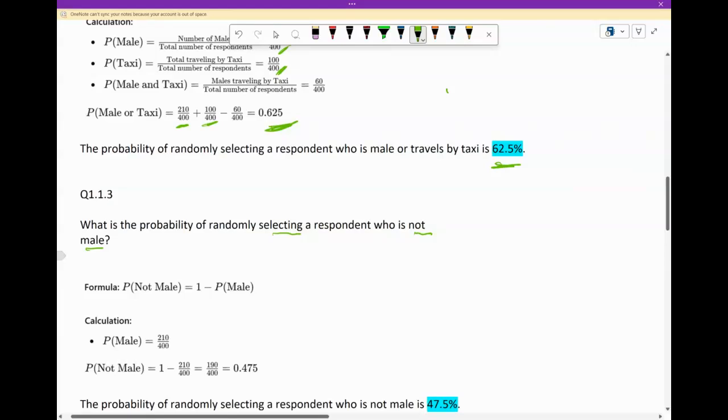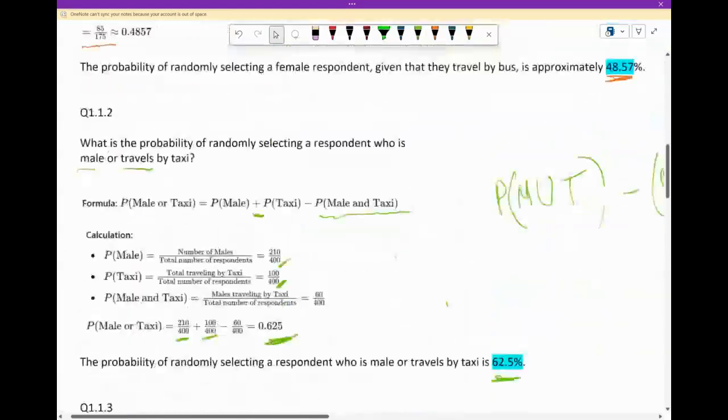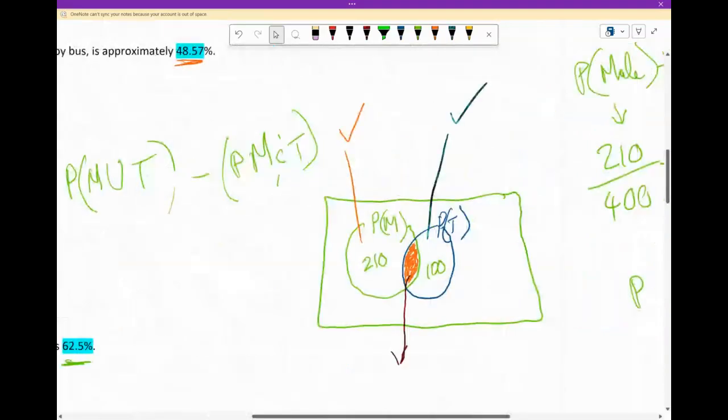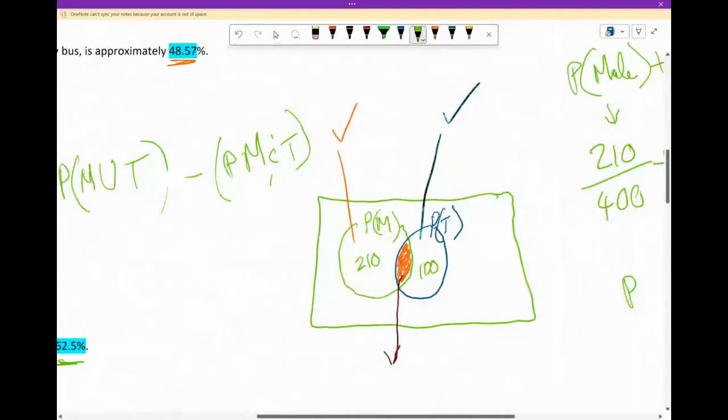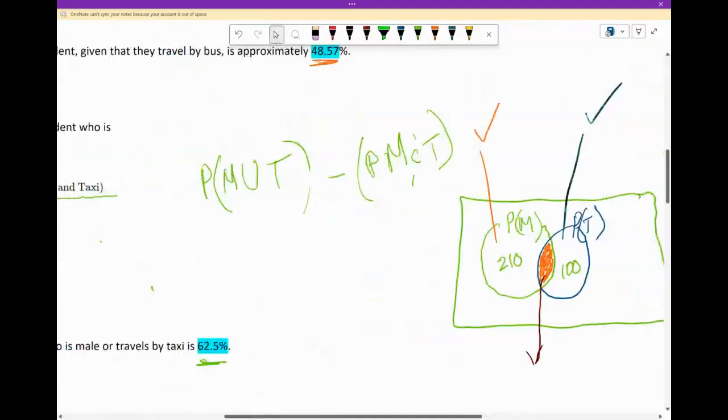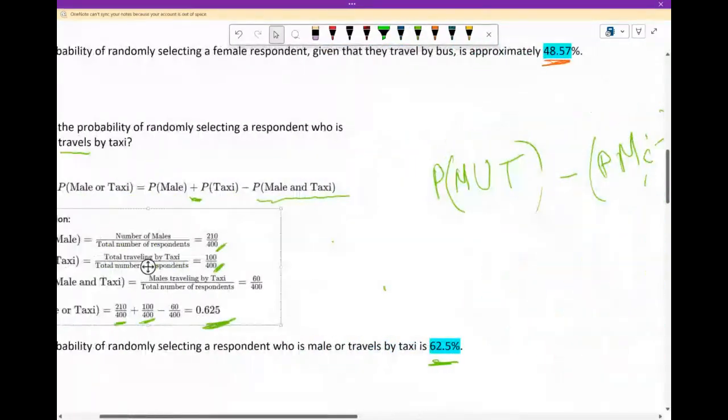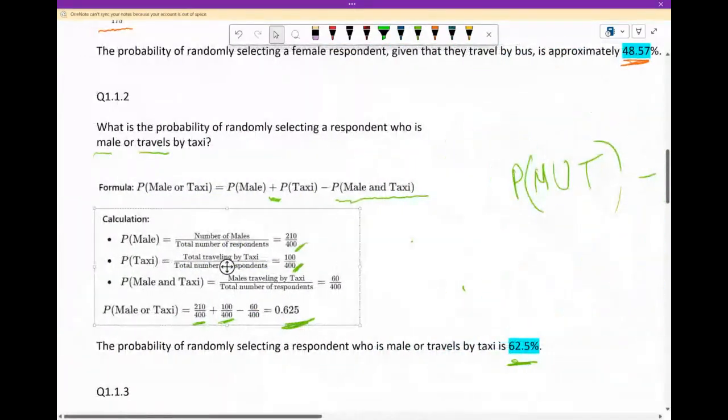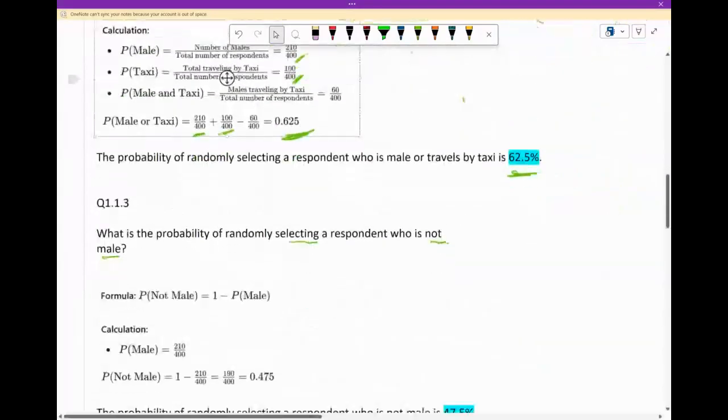Not male. So again, there are so many outcomes in this universe that we can select. But we're just concerned with ensuring that we do not select a male. That's what they're asking here.